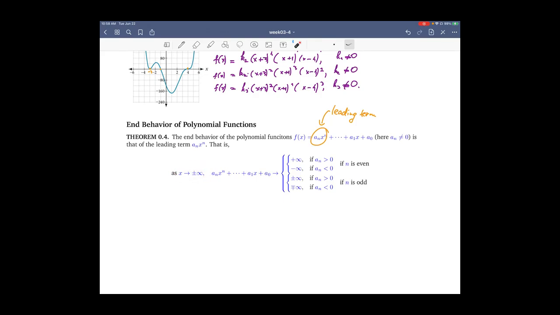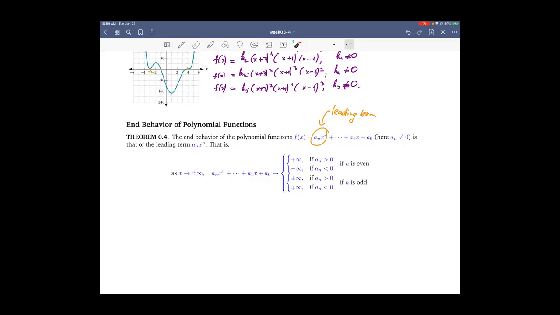In case when the degree of the polynomial is odd, the behavior of the polynomial depends on where x goes. For positive coefficients, x going to positive infinity implies the function goes to positive infinity, and x going to negative infinity implies that the function goes to negative infinity. For negative coefficients, it's the other way around.